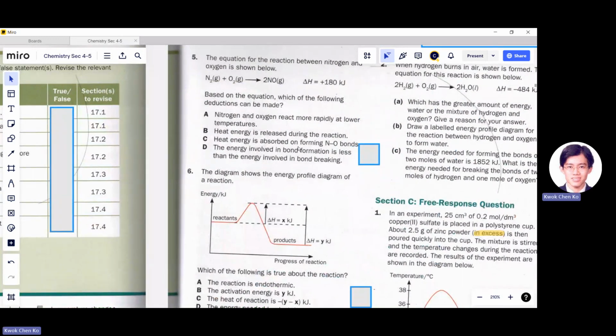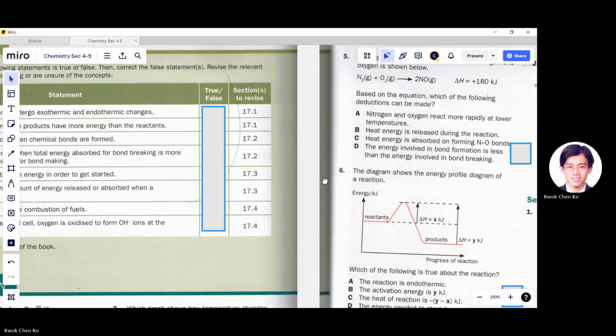Okay, actually, it's endothermic when total energy absorbed from bond breaking is more than total energy released from bond making. Okay, better know the answer to this, huh?